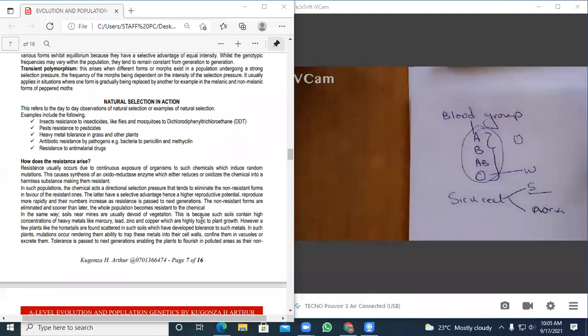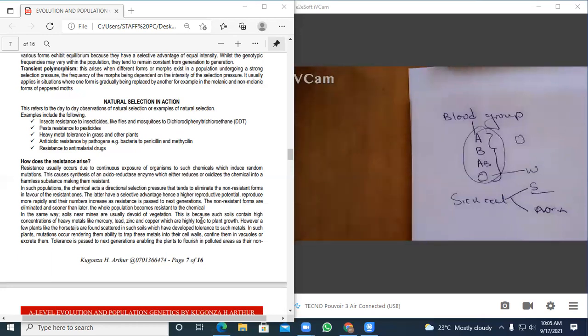Any other question? I'm seeing someone whose hand is up. Rogers. What about body size, like being fat or thin? Remember, body size is mainly natural selection. We said natural selection mainly acts on or results in discontinuous variation. Height or body size is continuous variation.